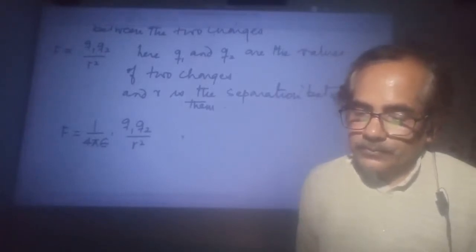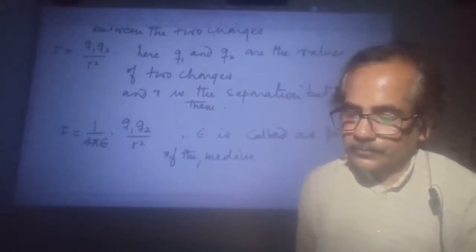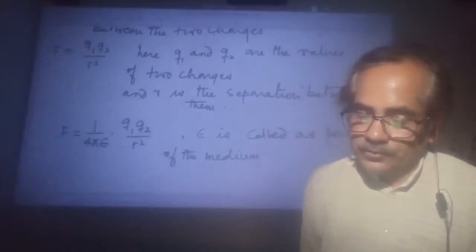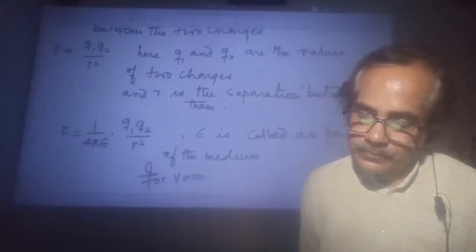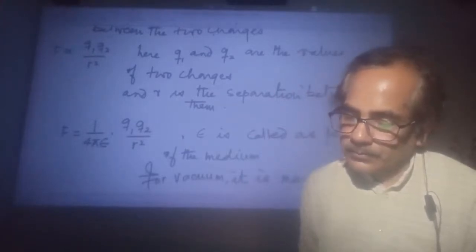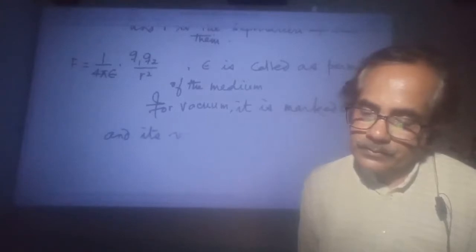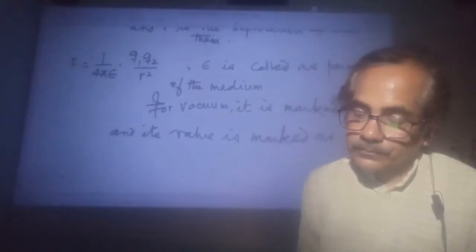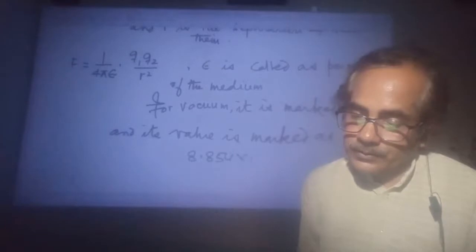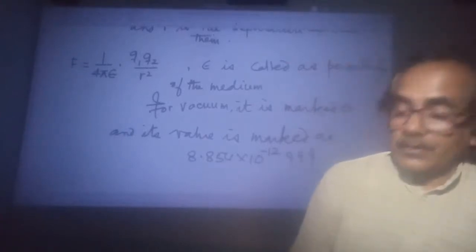Here epsilon 0, epsilon for vacuum, is marked as epsilon 0 and its value is 8.854 into 10 to the power minus 12. Wait for the unit of this.